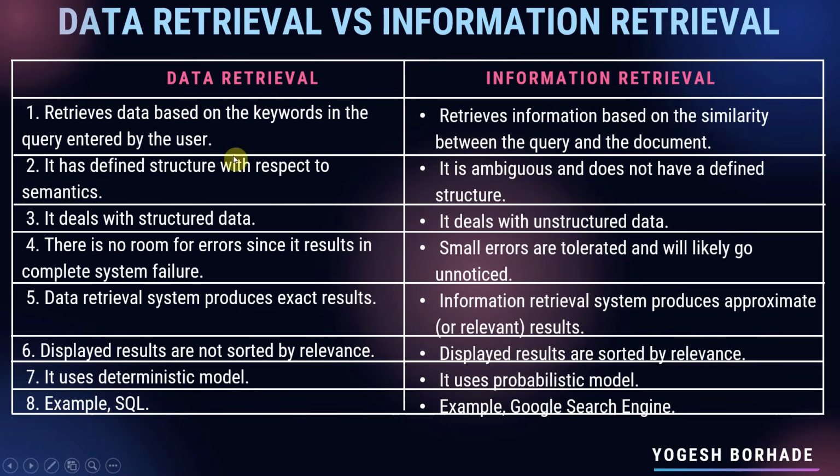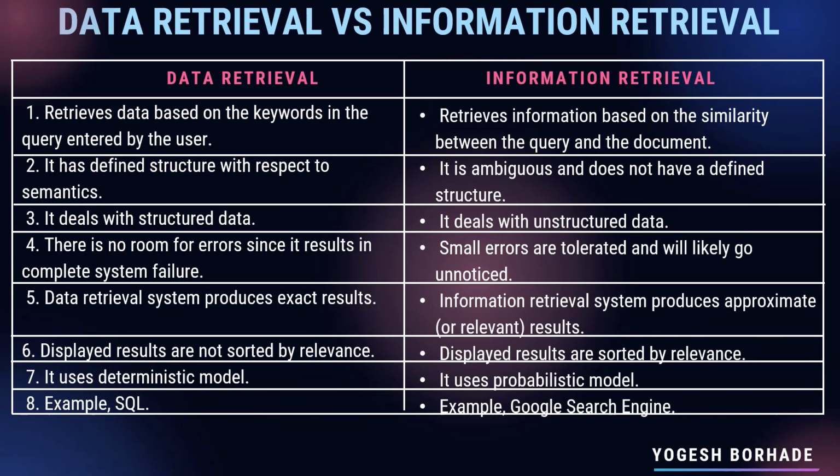Okay, now the next point is it has a defined structure with respect to semantics. Okay, so it has a defined structure, so basically it deals with the structured data. And information retrieval deals with the unstructured data, so it is ambiguous and does not have a defined structure.